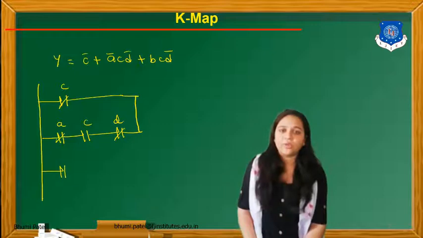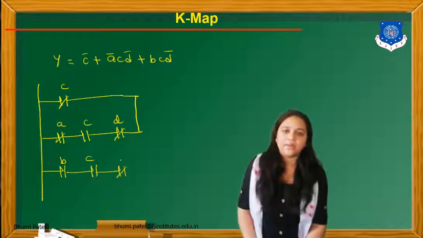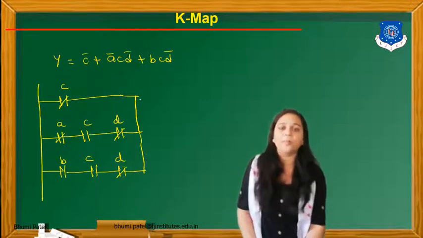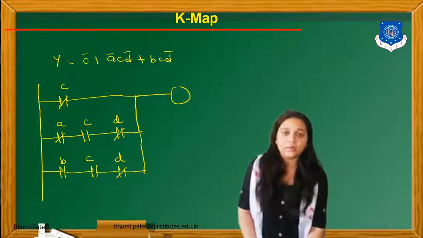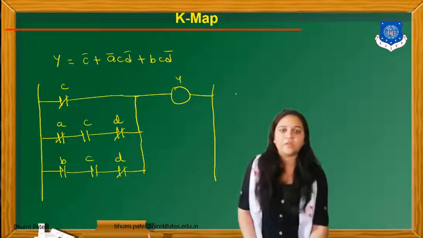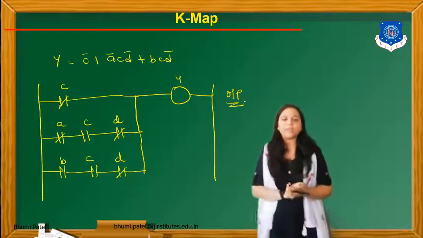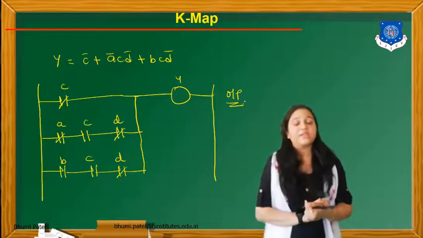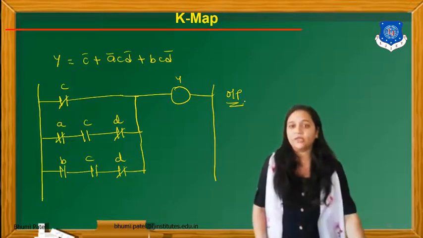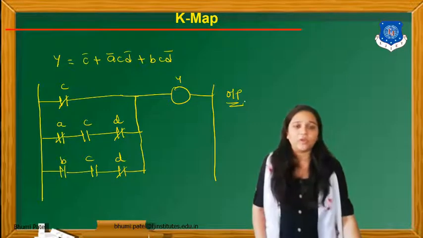So we can put here B and C as normally open contacts, and then connect D as a normally closed contact because D is in the complement form, and Y is my output for this particular K-map. Okay, so using this K-map method we can simply draw the ladder logic diagram for this particular function.